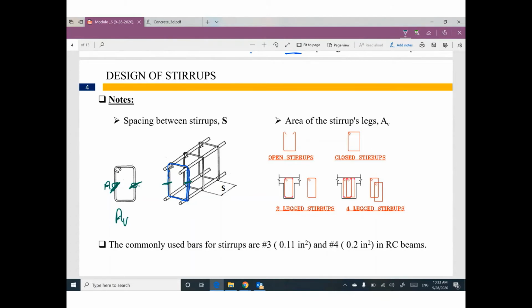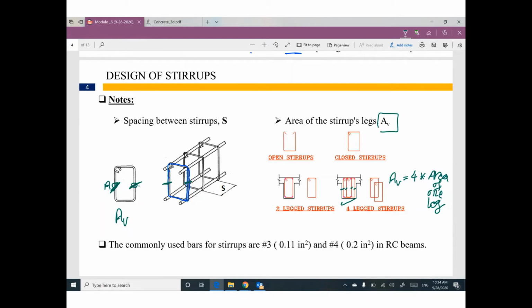Sometimes your stirrups look like this. So how many legs do you have? 1, 2, 3, 4. So Av will be 4 times the area of one leg. So please remember, Av is the area of the stirrup legs.